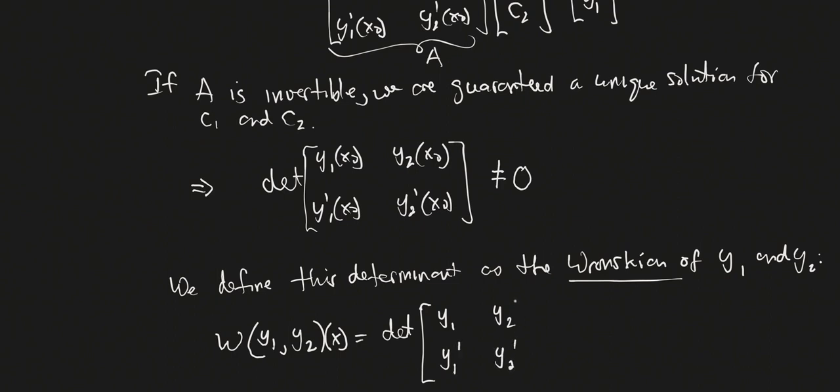So like that, right? And then we know how to compute this. We know how to compute the determinant of a 2 by 2 matrix. So let's go ahead and write it down. The Wronskian for these two functions is y1 times y2 prime, that's multiplying essentially your a and d, and then minus y2 times y1 prime.